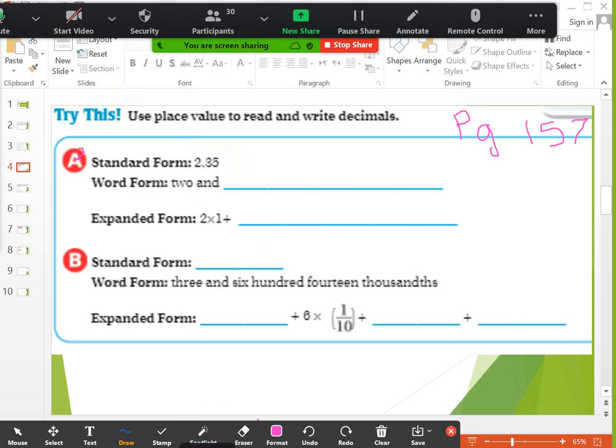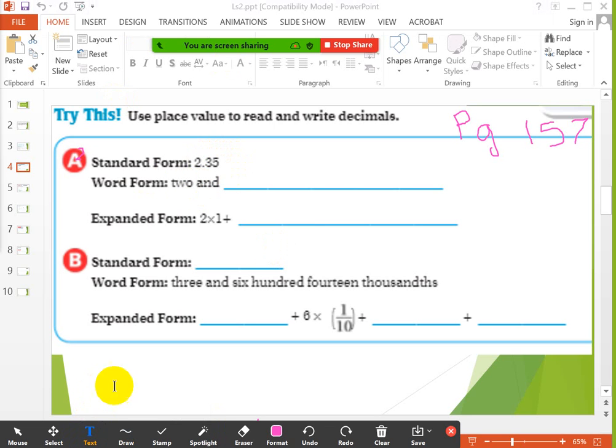So what about the word form? You have to write the number as we read it. Let's start with the ones: 2. The point will be "and". So "2 and" is written already. 2 and what? 35. How many digits after the point? 35 hundredths.